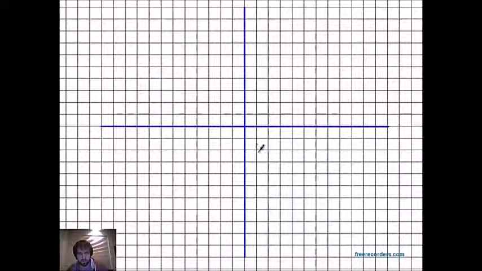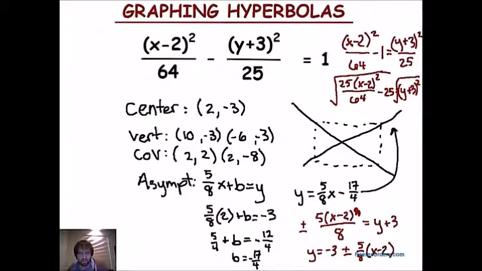Okay, so there's our center, 2, -3. And then we're going to go plot our two vertices and our co-vertices. So we need to go left and right 8 and up and down 5.